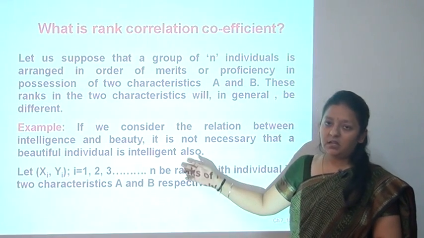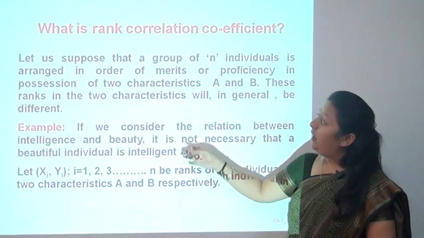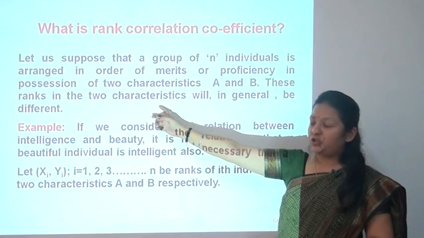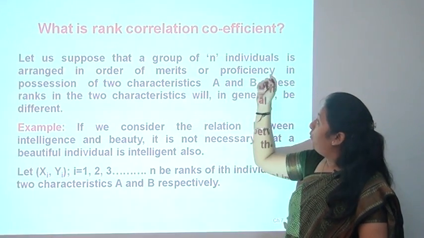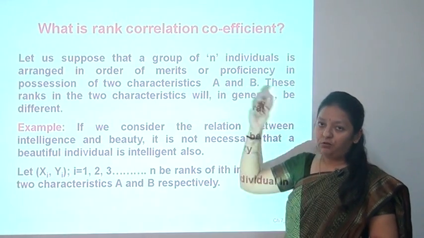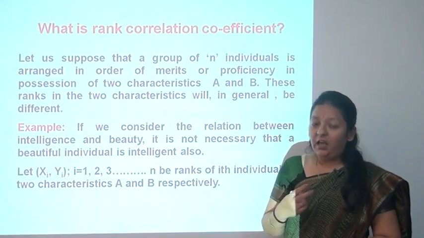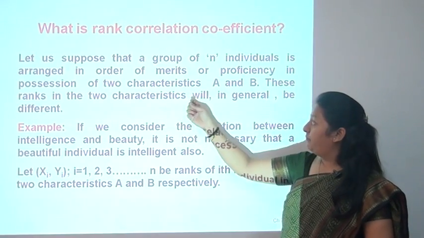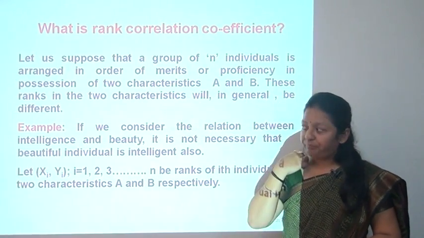First we'll understand what it is. Let us suppose that a group of n individuals is arranged in order of merit or proficiency in possession of two characteristics, A and B. The ranks in the two characteristics will in general be different.